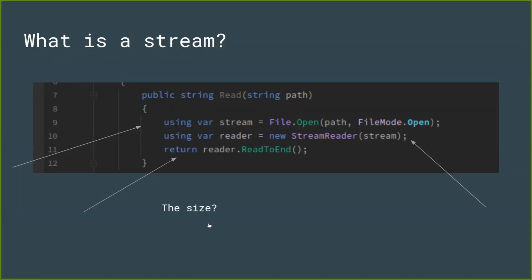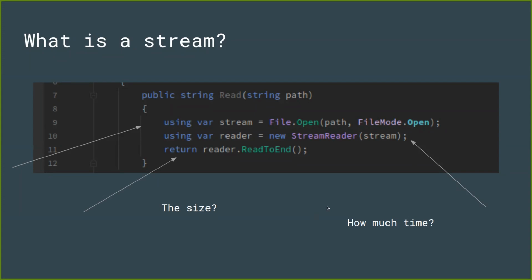What's important here is that we don't know how big that file is. And if it's too big, we surely can get an out of memory exception. We also don't know how much time it will take. It all depends on a lot of external factors. Is it an SSD? Is it an HDD?